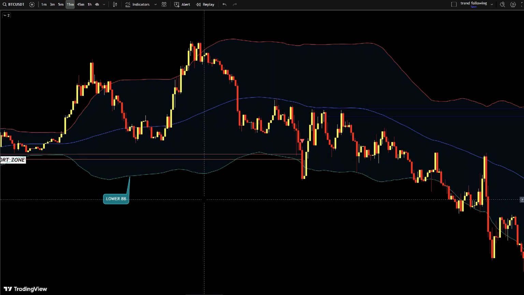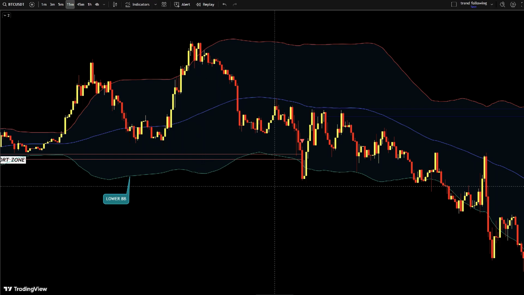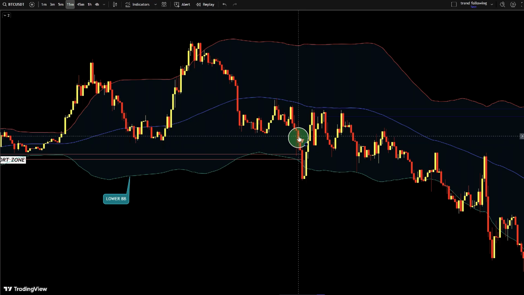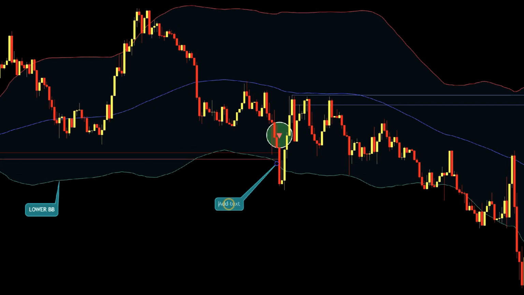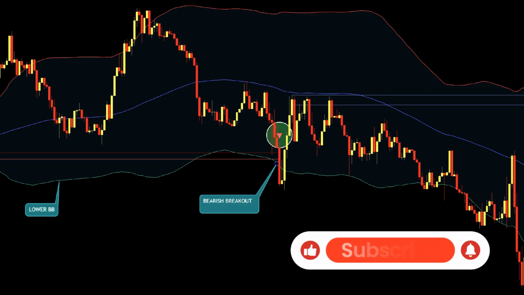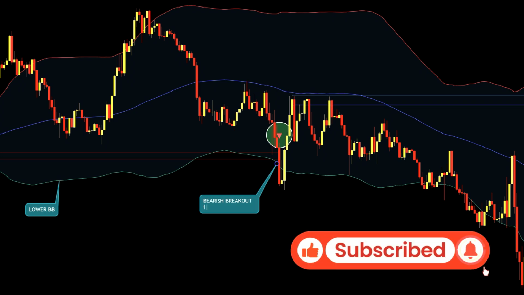But here's the crucial condition. The breakout also needs to break below our lower Bollinger Band. Why? Because that gives us more confidence that this breakout has some real strength behind it and might actually reach our targets. Since the price in this example did break below the lower Bollinger Band, that would be a valid sell signal.